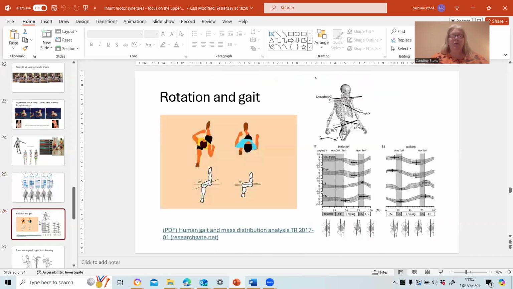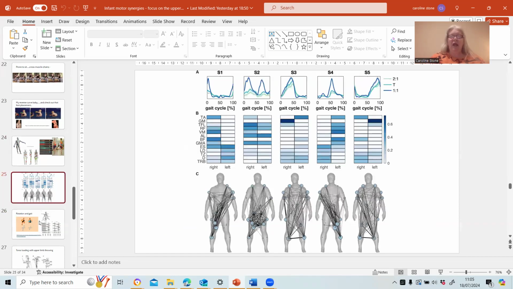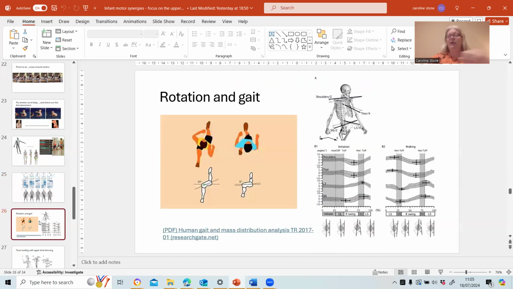So this is what we want for our children as they're developing, is not only in when we think about ultimately locomotion, we want to then think of interlimb coordination and then within trunk twist in order to support interlimb coordination.